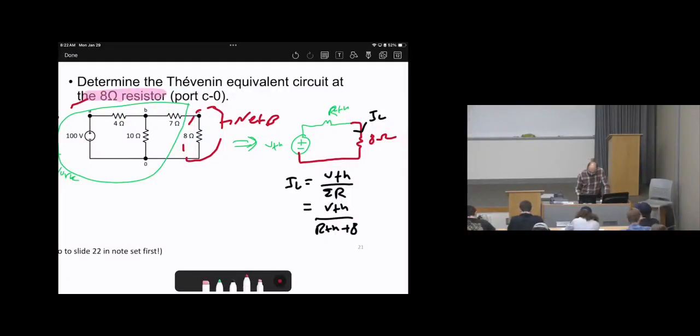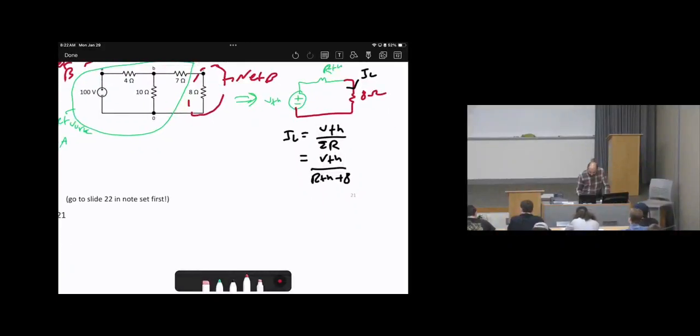Now, to solve this analysis, we need to know R Thevenin and V Thevenin. So we have two unknowns, R Thevenin and V Thevenin. How do we calculate them? Let's apply the procedure.